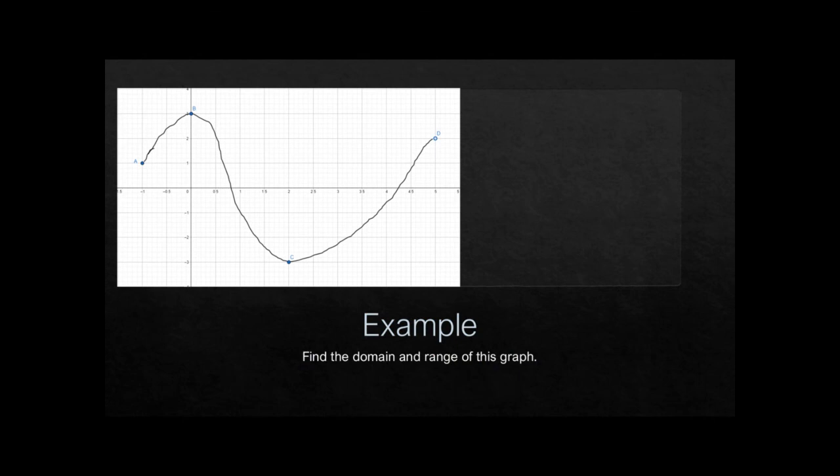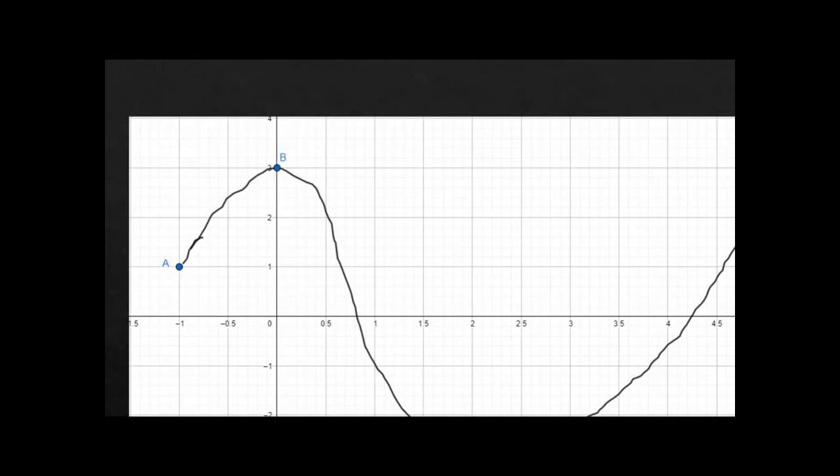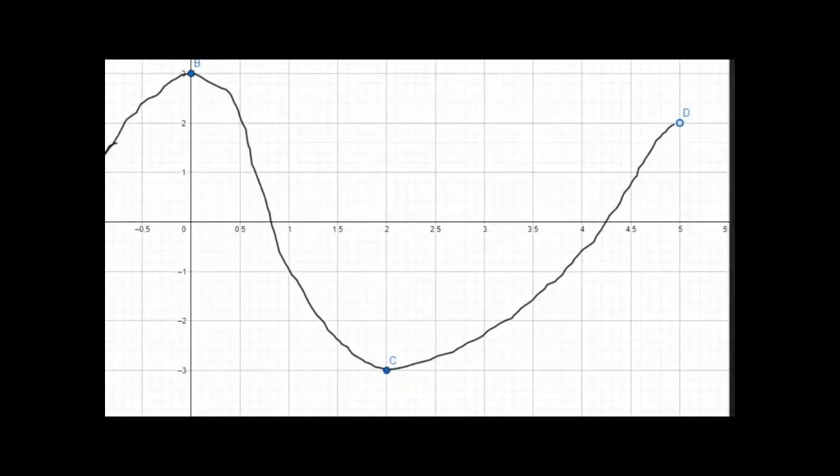Just to zoom in, I tried to draw this by hand, so it's not the best curve. We have a graph that starts here at (-1, 1), where A is, and then goes through (0, 3) at B, and then it curves back down.